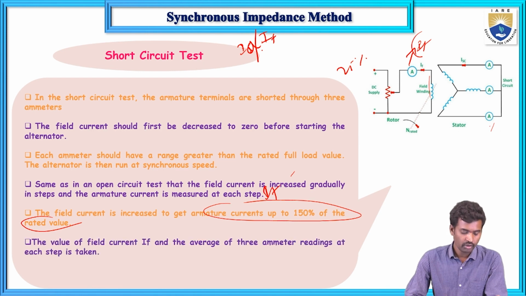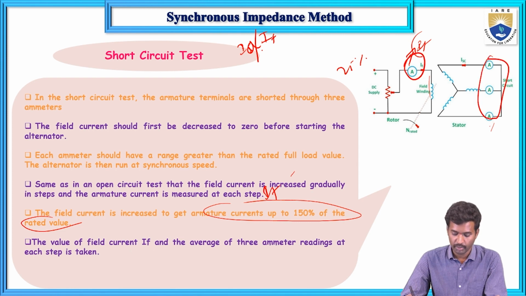Now here the value of field current If and the average of the ammeter readings at each step are taken. That is, the field current If and the average of the 3 ammeter readings; that is the final value.